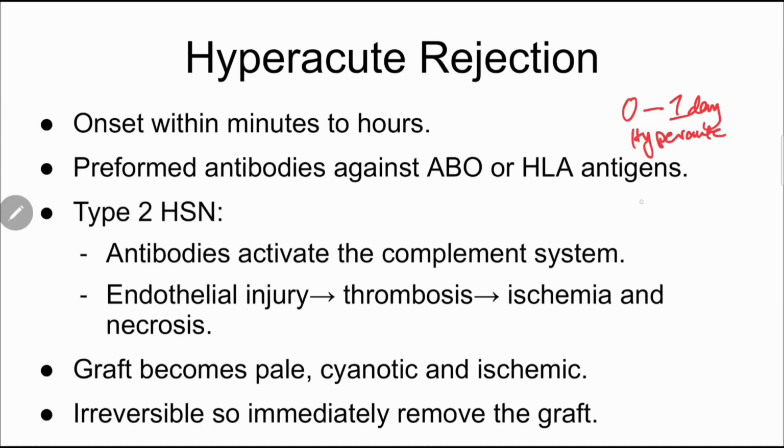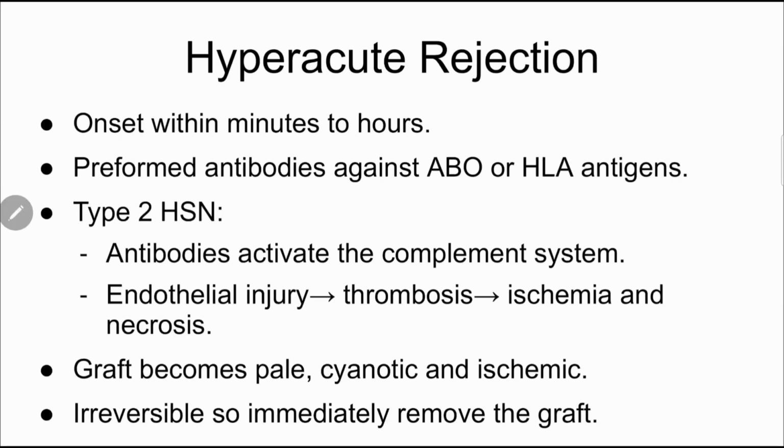If it starts from 1 day up until 6 months, this is going to be the timeline for acute. And finally, if it takes from 6 months to years, that's going to be chronic. This timeline can really help you differentiate between the different types of rejections.